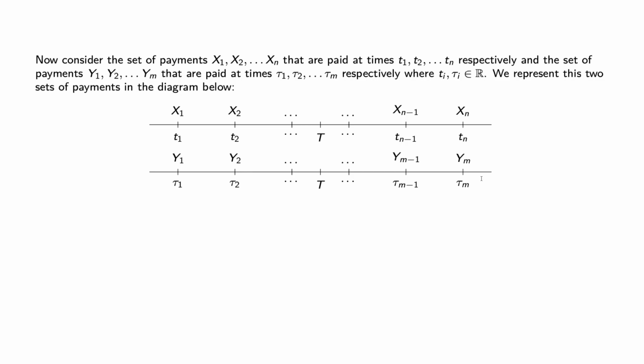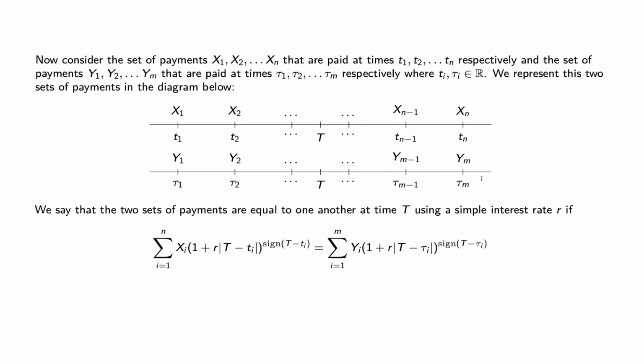So, if we are to state that they are equivalent to one another, then what we could simply do is say, well, we know the value of the payments x at time t. Here's the expression we derived previously. Equivalently, we could just apply the same formula, except we replace our xi with our yi and our ti with our tau i.